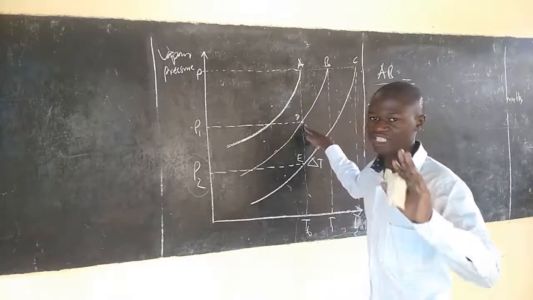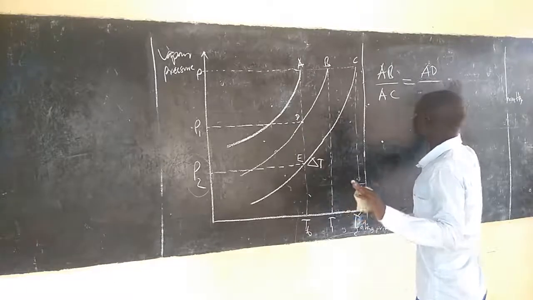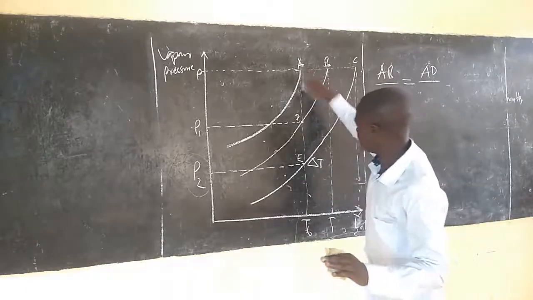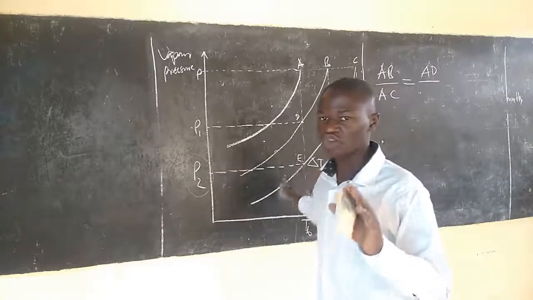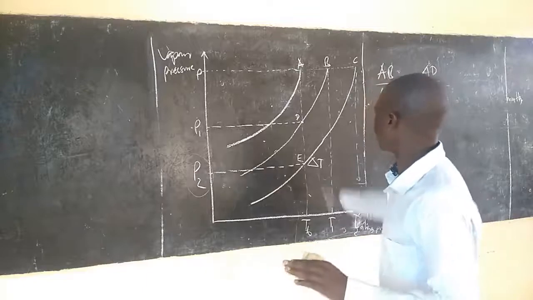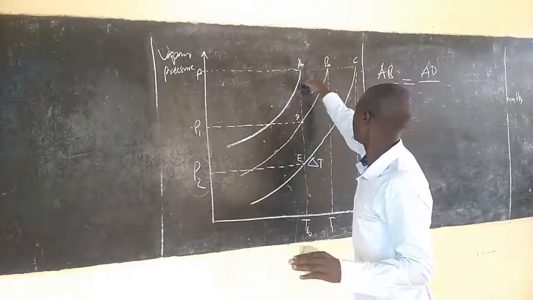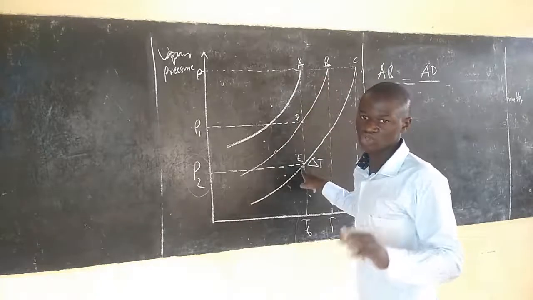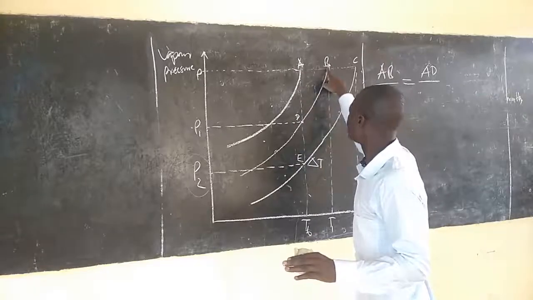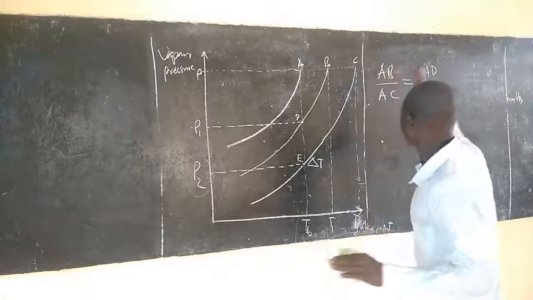AD divided by AE, which is change in pressure tulivyoongeza solid wa pili. AE, the total change in pressure. AB change in temperature. AC total change in temperature tulivyoongeza solid wa pili.